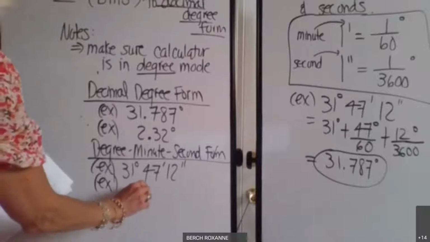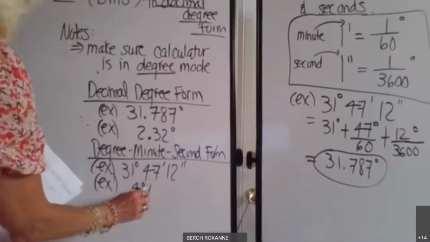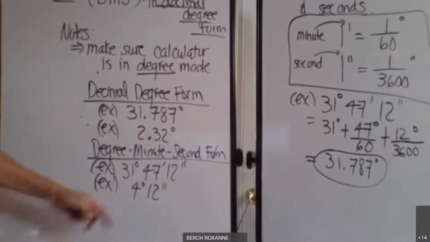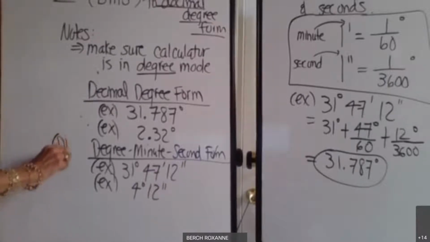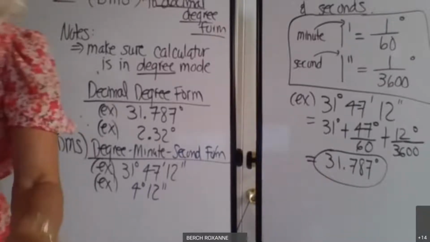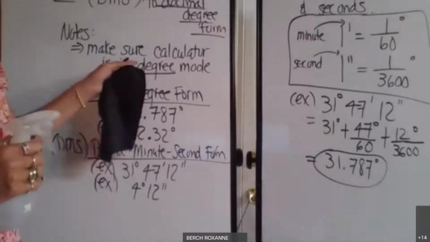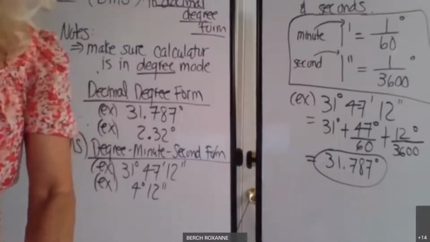Another one would be 4 degrees, 12 seconds, where minutes is missing. And on the calculator, like I said, this is called DMS. All right, so let's see how we use the calculator. So all of you guys are in degree mode, right?